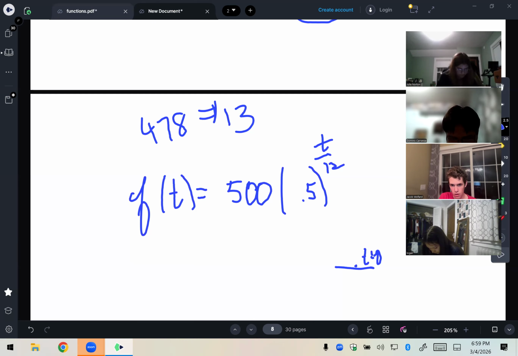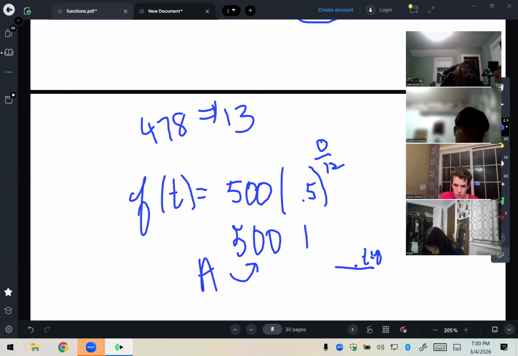So when it's at the surface, we need the t to be 0, right? And so anything to the 0 power is 1. And so we will get only 500 particles. So that one's A. Does that make sense? Good. Some of these are a little confusing.